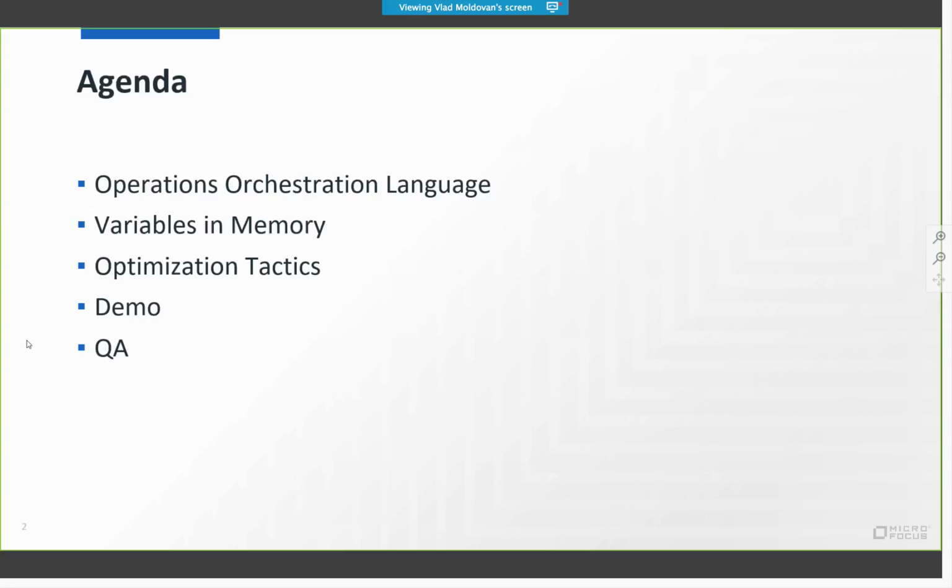And the second part will be a more hands-on approach. It will be a more complicated example, and we will touch pretty much all of the topics that we are going to talk about in the optimization part of the presentation within the two demos.